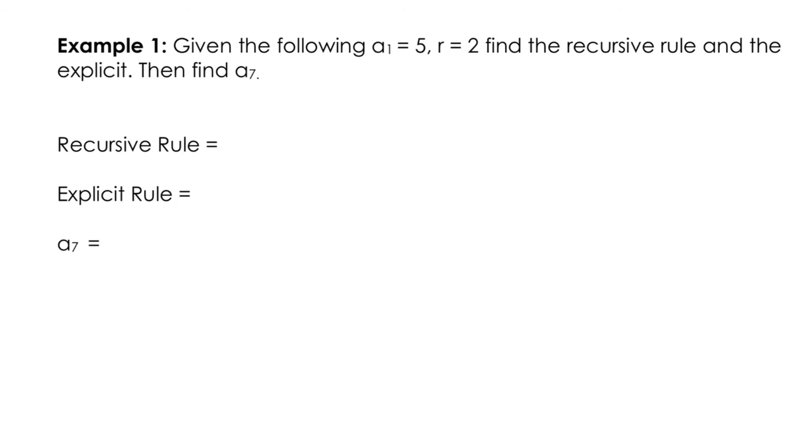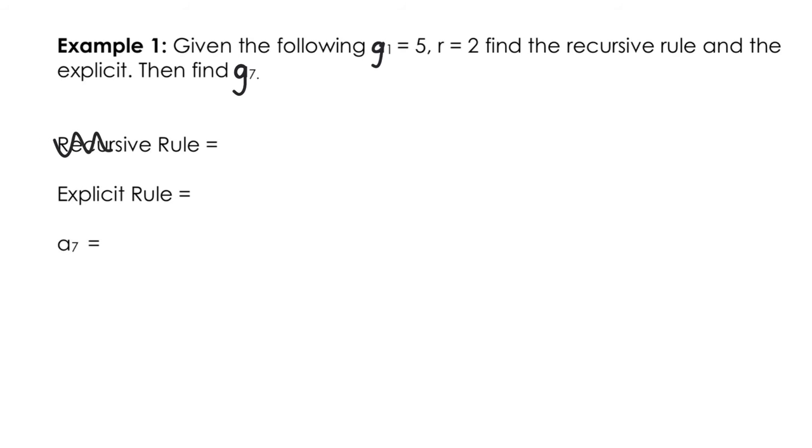Okay, so this first example says, given the following, a sub 1, or we could say g sub 1, equals 5, and r is 2. So this sequence tells me it's starting at the number 5, and every single time it's multiplying by 2. Then after we find that out, we're going to find a sub 7, or I'm going to say g sub 7 actually.